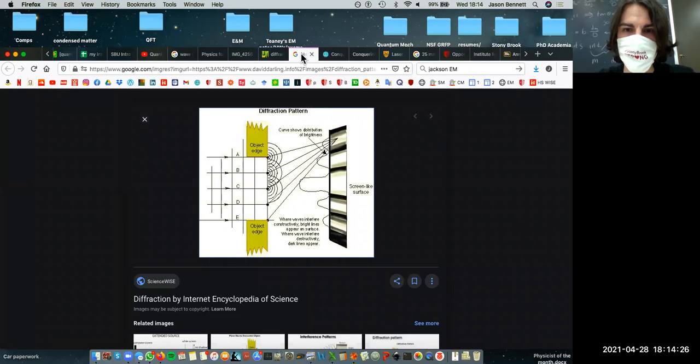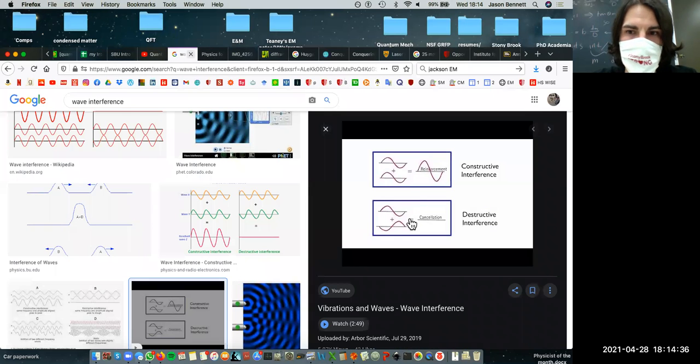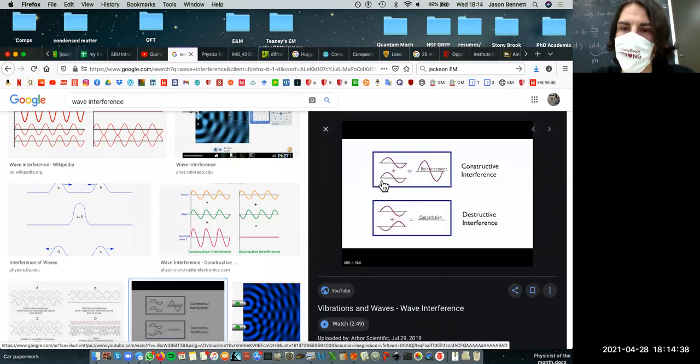And what we see is interference, and this is characteristic of waves. So let me go over to wave interference. This is called the superposition principle. It's very similar to when we were doing 133, when we had that standing wave.